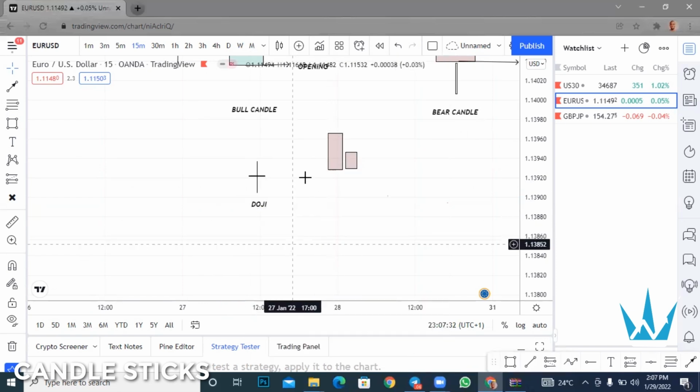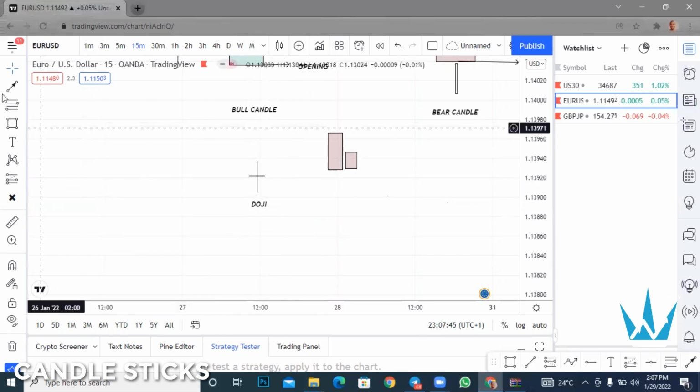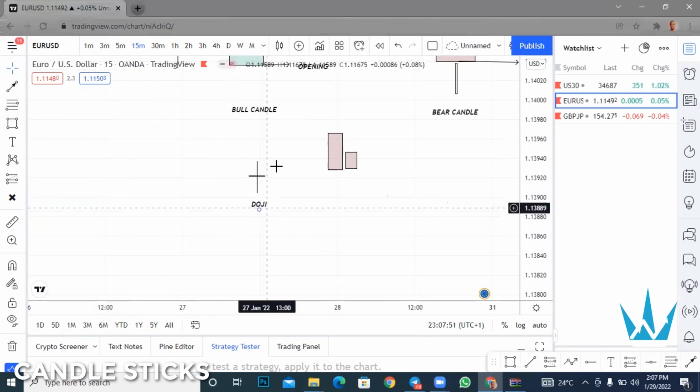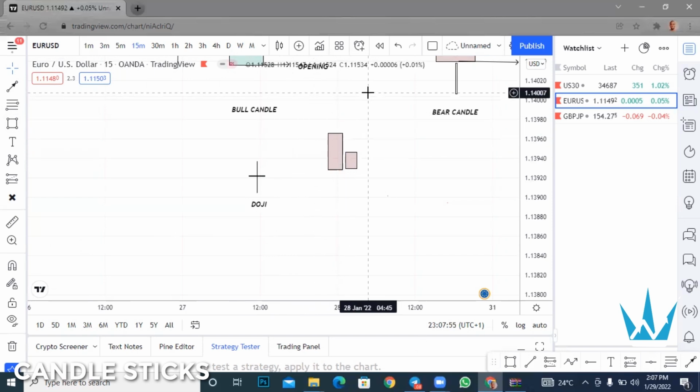What I want you to learn is that this candle signifies indecision in the market. So when it forms, it's like buyers and sellers are at the peak of struggling. You always find this kind of candlestick when you want to see a reversal in trend. So the trend is falling, falling, falling, and when this thing forms, sometimes you see price going back up.